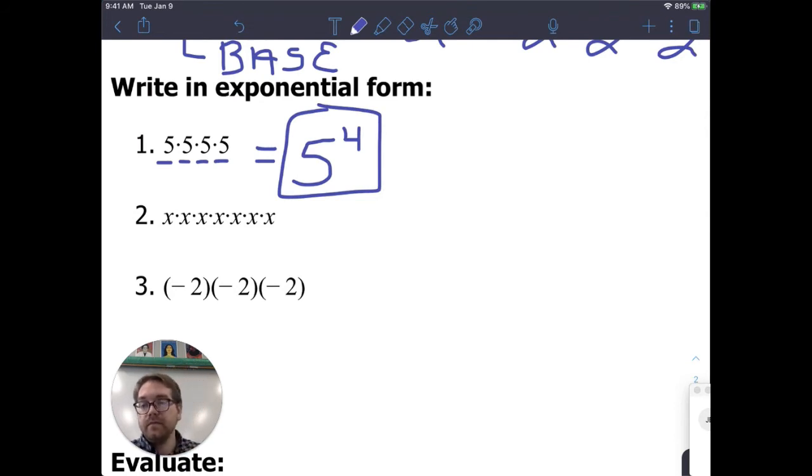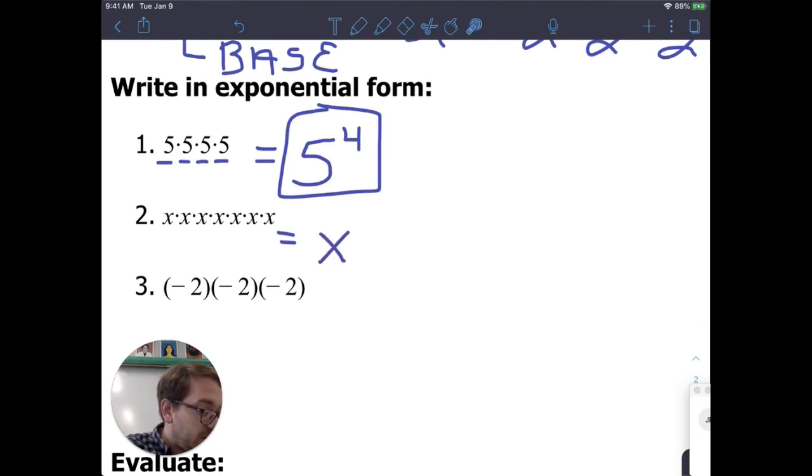All right, let's look at the next one. We have a lot of x's here, and we don't want to write all those x's. That's doing too much. We want to abbreviate that a little bit, and so we're going to use an exponent to help us do that. So first, identify your base. What's being repeatedly multiplied? In this case, x, the variable x.